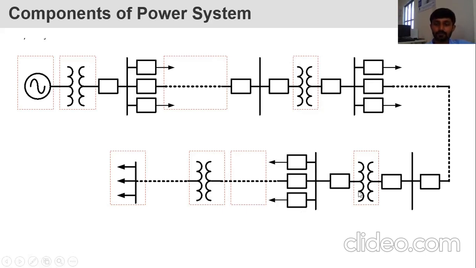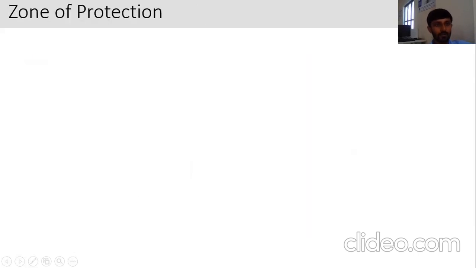This is also the transmission and distribution substation unit, maybe 66 kV, and there is a distribution line, and this distribution transformer is pole mounted or underground. The 11 kV goes to the consumer. That is the whole set of components of the power system.